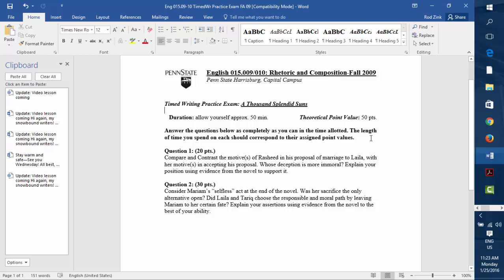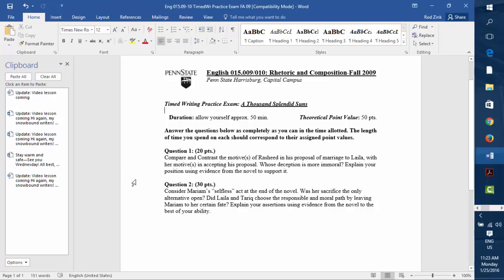When you're doing timed exams, you want to pay special attention to the instructions because you can really go wrong quickly by missing something in them. So make sure you know what's going on by paying attention to the instructions right away and making sure that you're clear about them. If you're not clear about them, go to the instructor directly and ask.